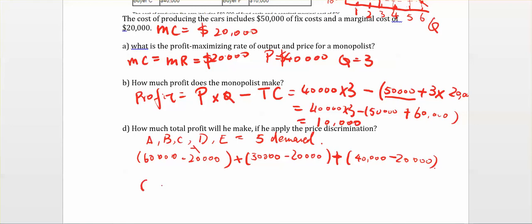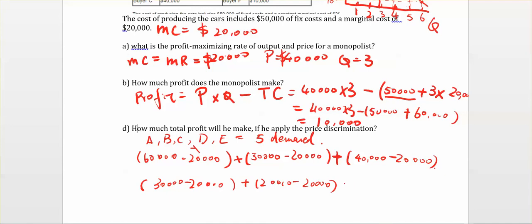For buyer D, he charges $30,000 minus $20,000, plus the last buyer.